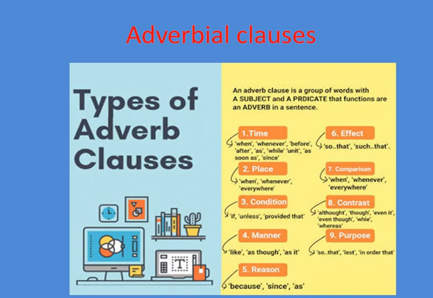Like so that, such that is separated with the adjective. To compare, you can use where, wherever, everywhere. And for contrast, you can use although, though, even if, even though, whereas. To talk about purposes, you can use so that, lest, in order that. So you have a detailed list of different adverbial conjunctions that you can use along with adverbial clauses.